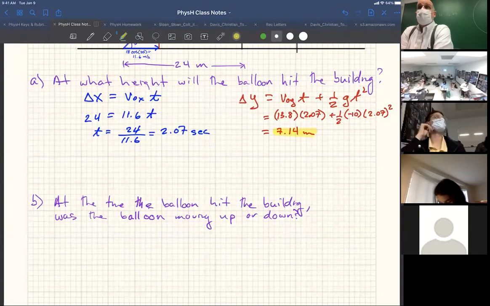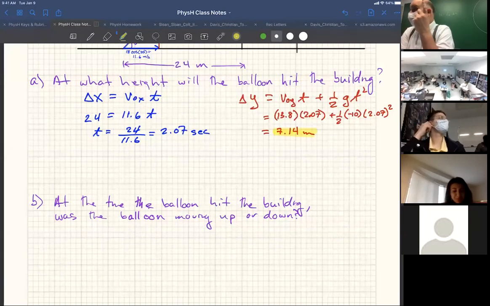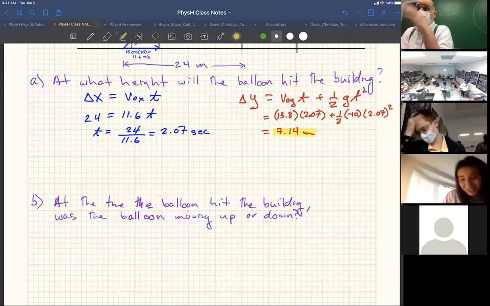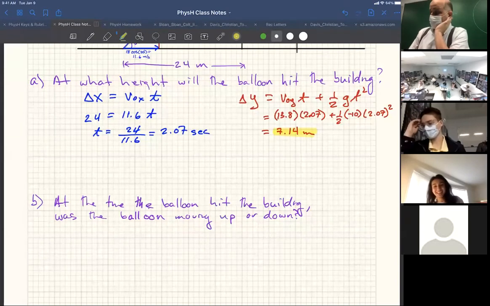Okay, calculate the velocity at 2.07 seconds. I think that's the best way to do it. But how does that tell you up or down? If the velocity is positive, it's moving up. If the velocity is negative, it's moving down. So that's not too bad.